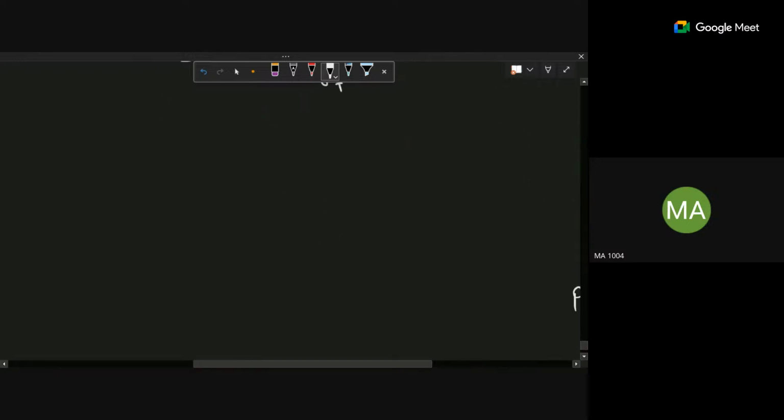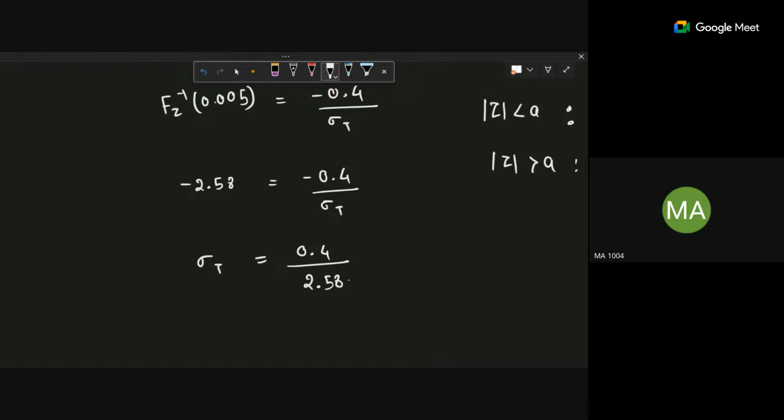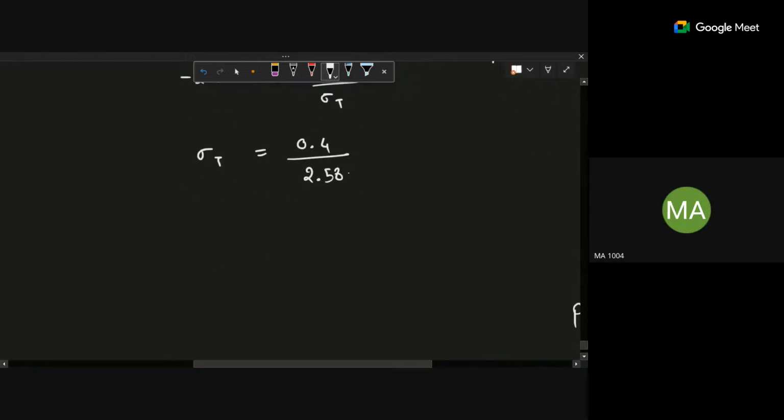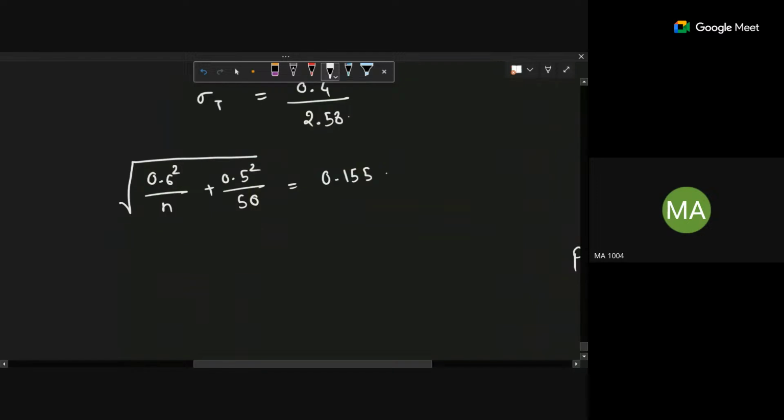Now we know that sigma t is equal to 0.4 upon 2.58. Now put the value of sigma t there, that is the square root of 0.6 square upon n plus 0.5 square upon 50, and this part is 0.155.